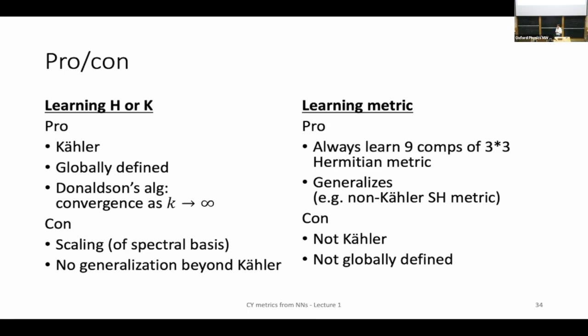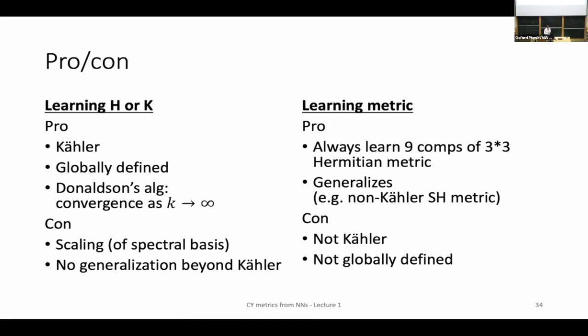Of course, that's never a limit you can take practically, but it can still be something you're interested in. However, if you're using a spectral basis when doing this, then you have a scaling problem. And there is no generalization beyond Kähler if you're doing this.